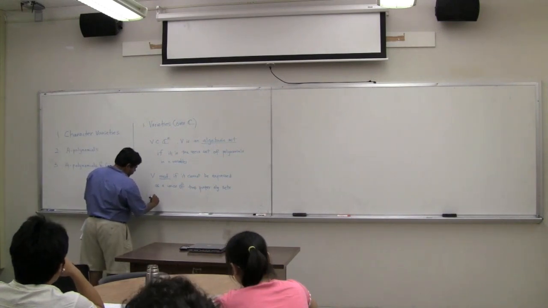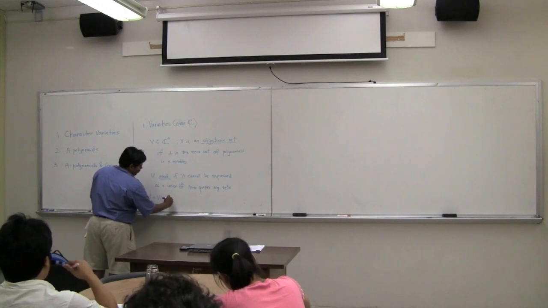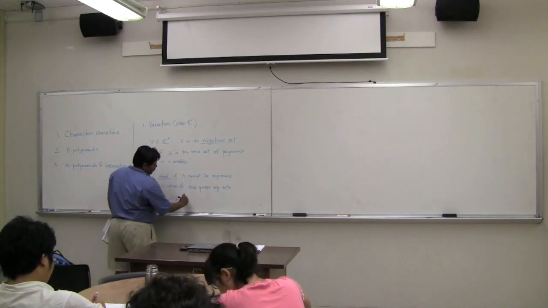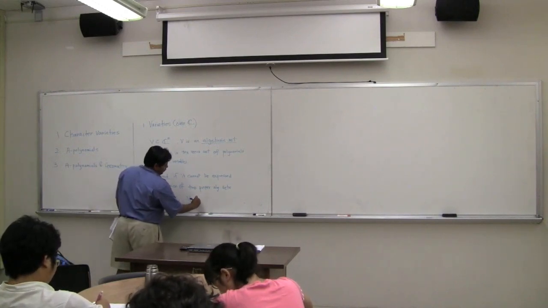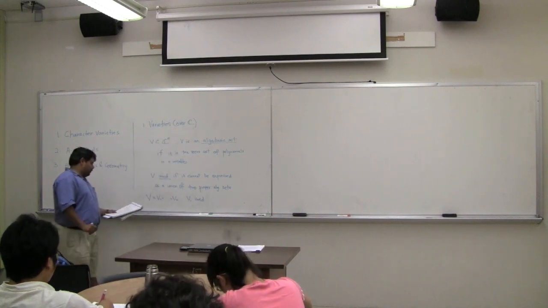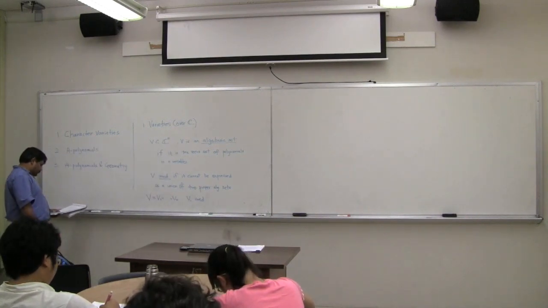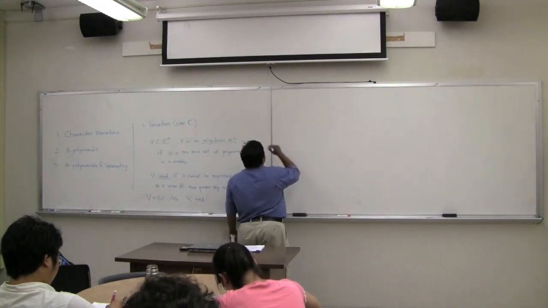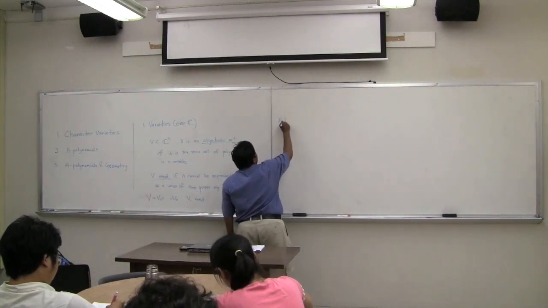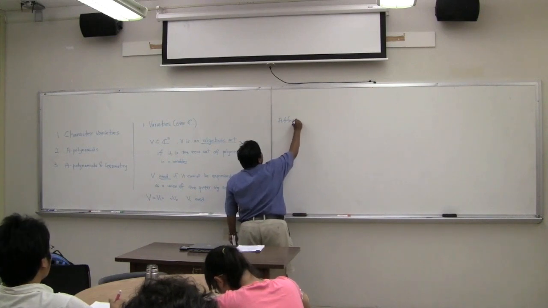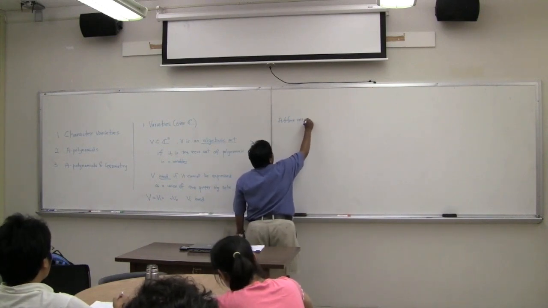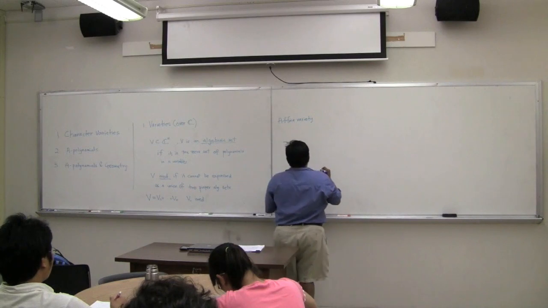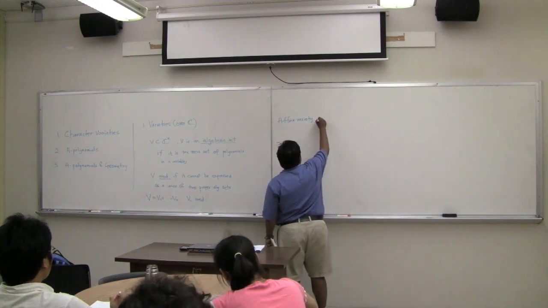So V is always V1 union up to Vn, where each Vi is irreducible. And an affine variety is an irreducible algebraic set.